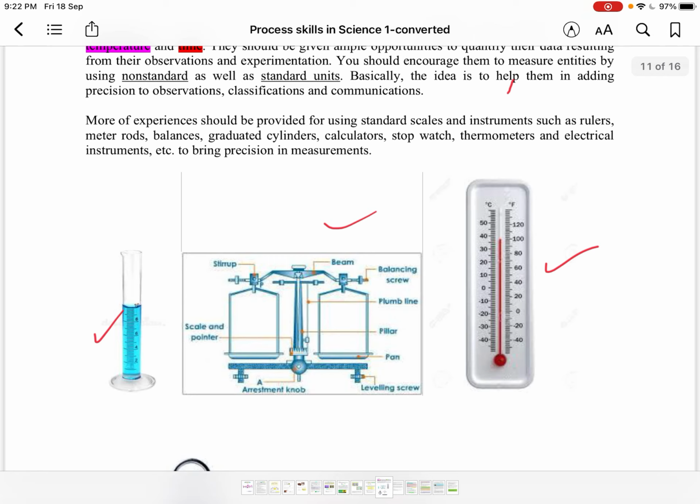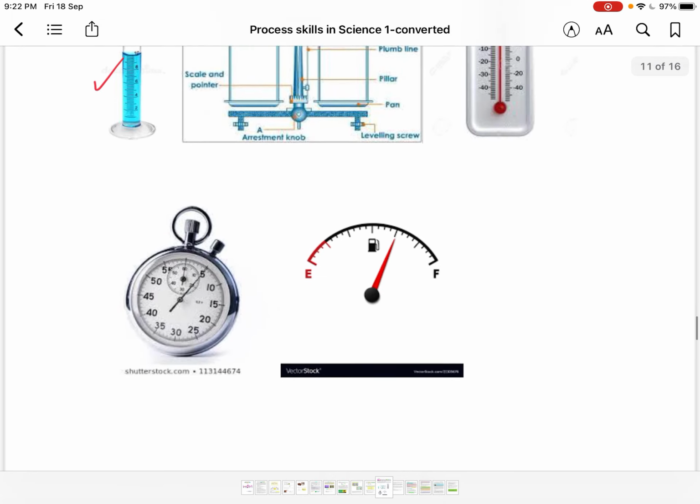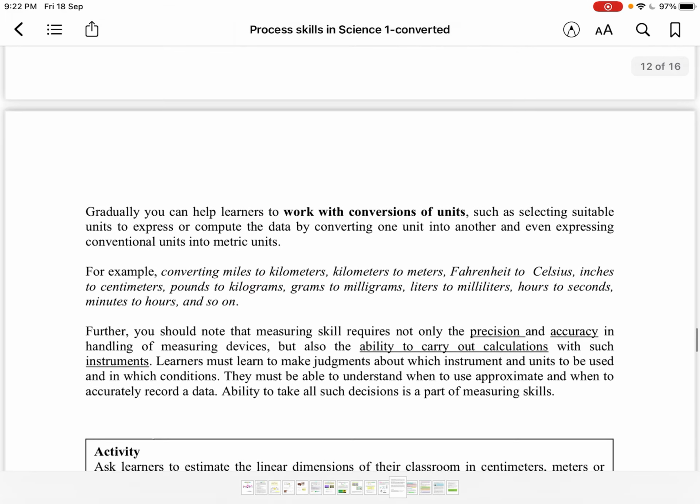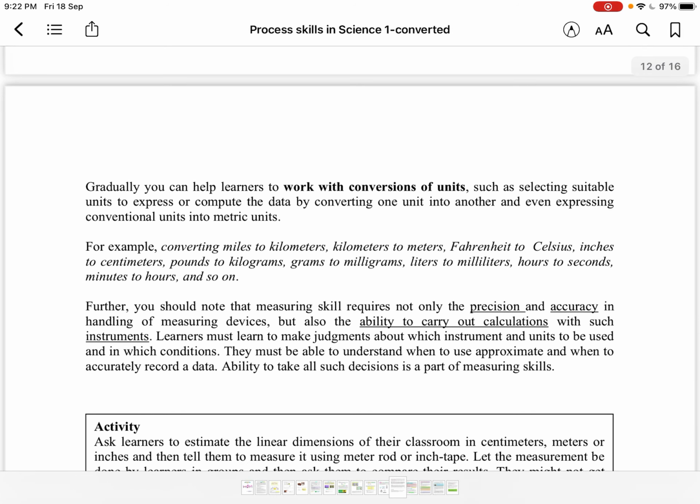This type of arrangement is there. If it is not there, at least they can make use of scales, a ruler. With that also they can enhance their measuring skills.